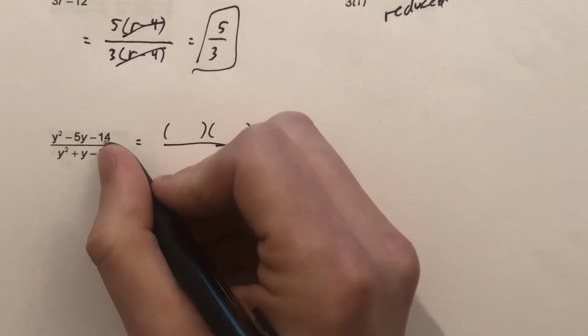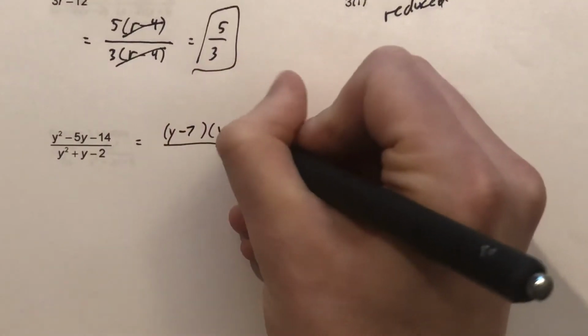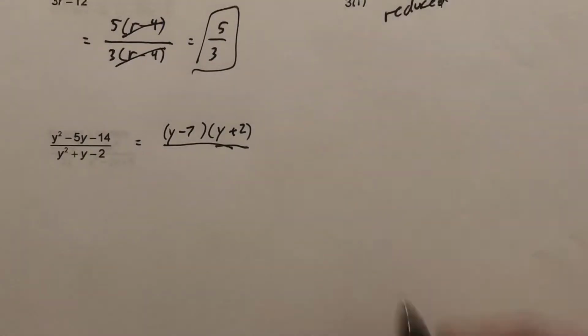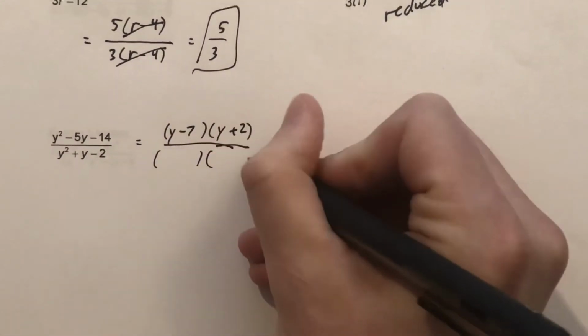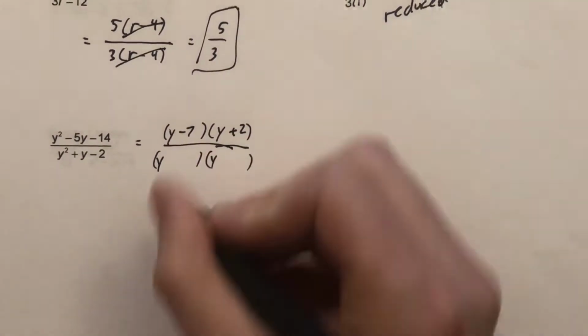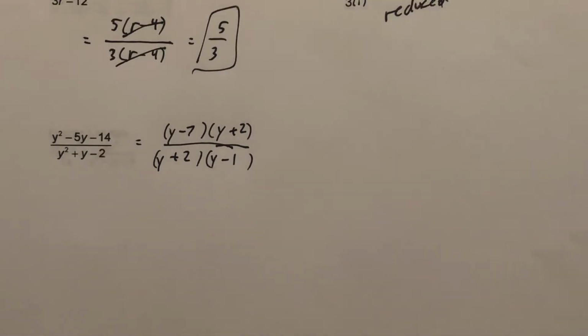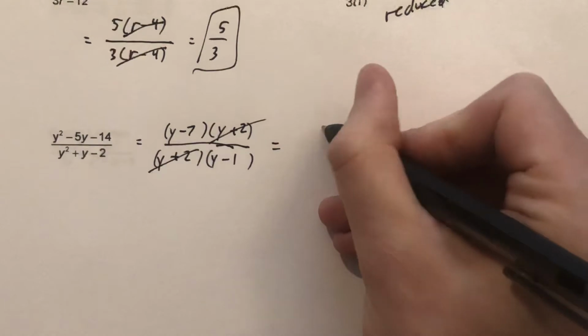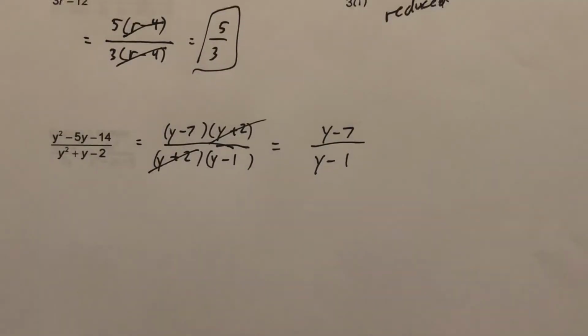We need numbers to multiply to negative 14 and add to negative 5. Well, that would be a negative 7 and a positive 2. Now down here, for this other easy case, we're looking for numbers that multiply to a negative 2, but add to a positive 1. That'd be a positive 2 and a negative 1. And now that they're factored, we can see those factors are identical and will cancel, and we're left with y minus 7 on top over y minus 1 in the denominator. And that's it.